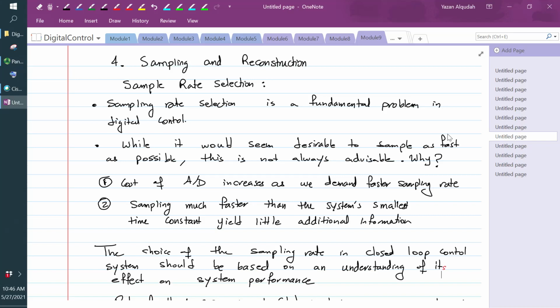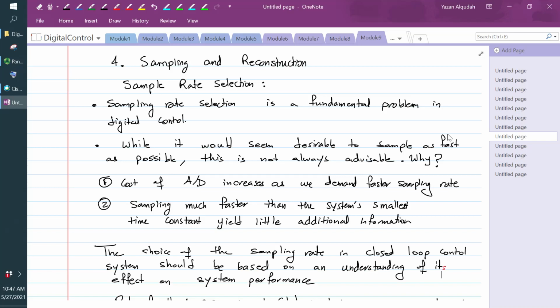Also, sampling at a higher rate or beyond the acceptable rate might add no additional information to your design or to your control system.